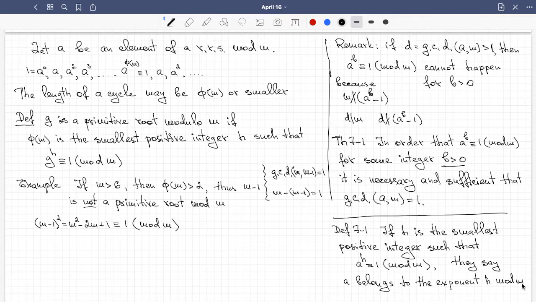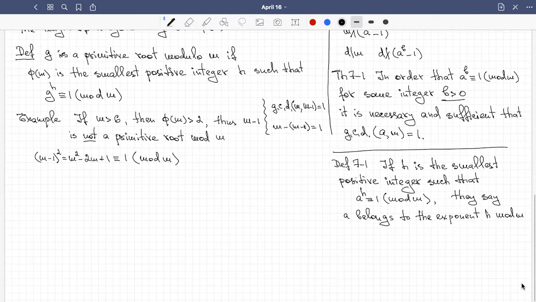And in this language, they introduce definition 7-2. So, in this language, for m bigger than 6, or for any m in fact, m minus 1 belongs to the exponent 2, because m minus 1 squared is already 1 mod m.